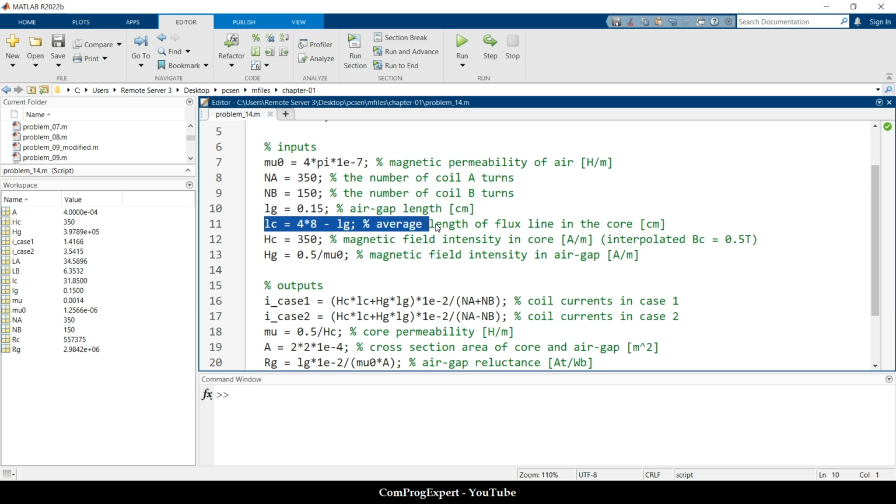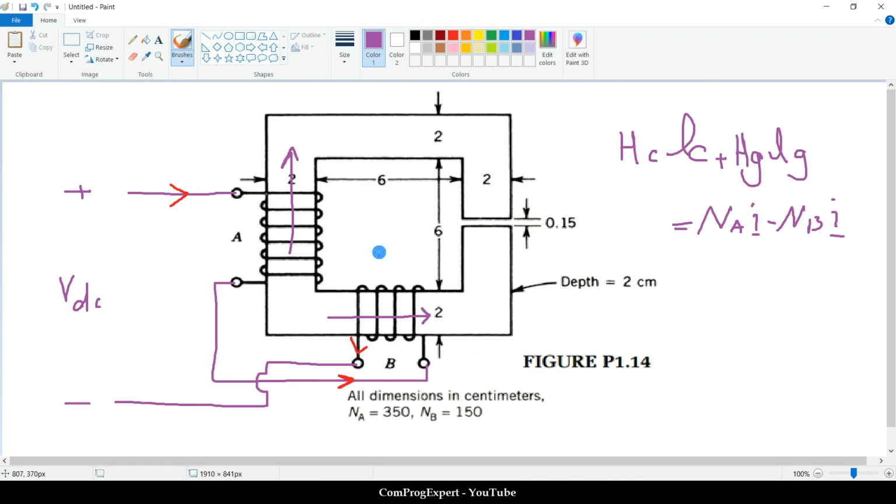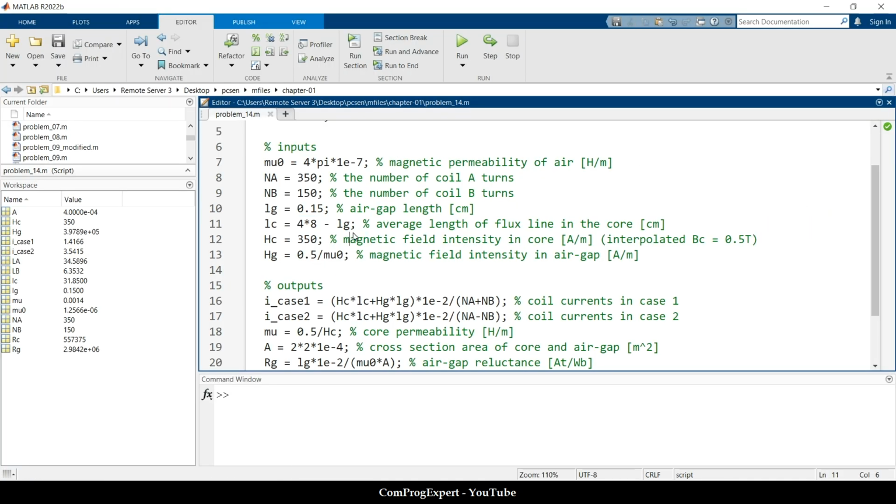This is the average length of flux line in the core, 4 times 8 minus L gap. 4 times 8, we have a square here, and this length is equal to 8, right? 4 times 8 is the perimeter of this rectangle in center of the core.